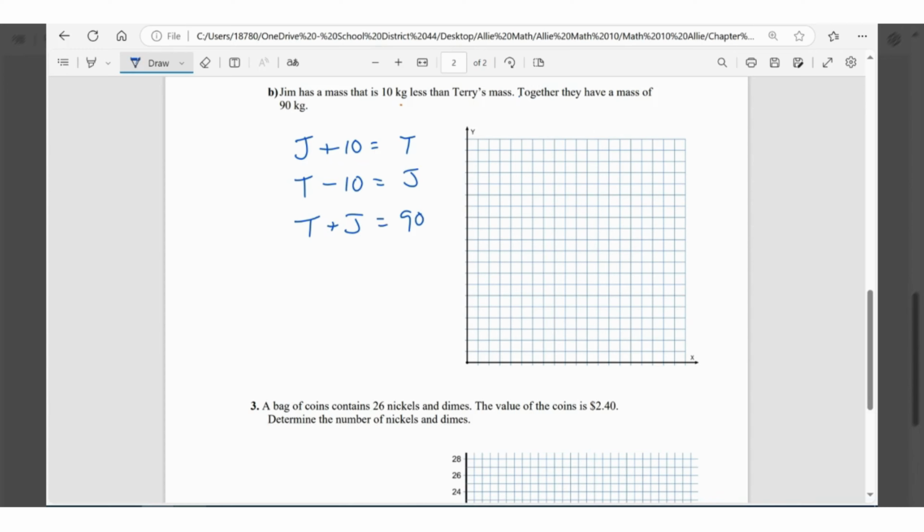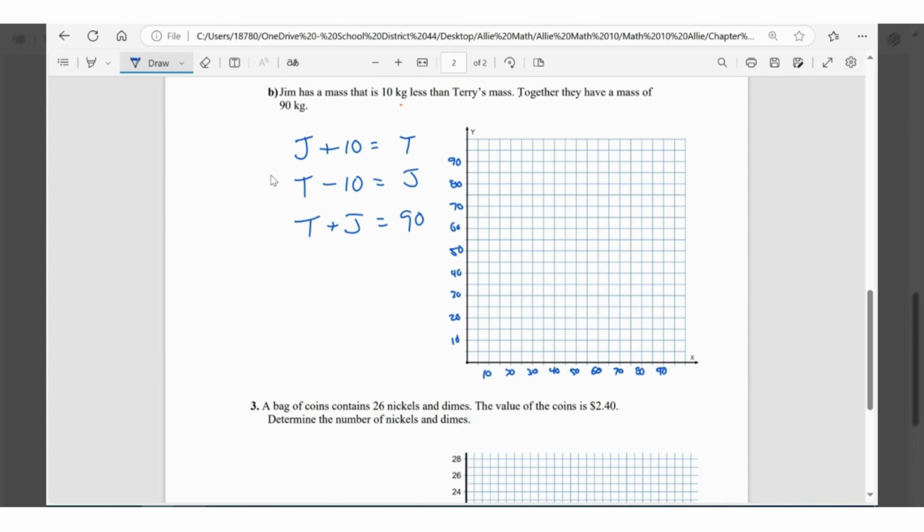Okay, so let's plot this. I'm going to do steps of 10, I guess. Maybe let's do 5. Is that going to make us there? 10, 20, 30, 40, 50, 60, 70, 80, 90. And let's do the same at the bottom. 10, 20, 30, 40, 50, 60, 70, 80, 90.